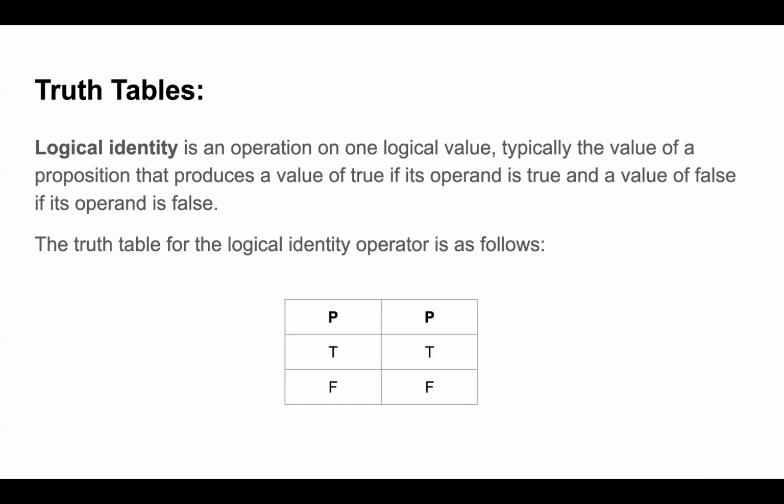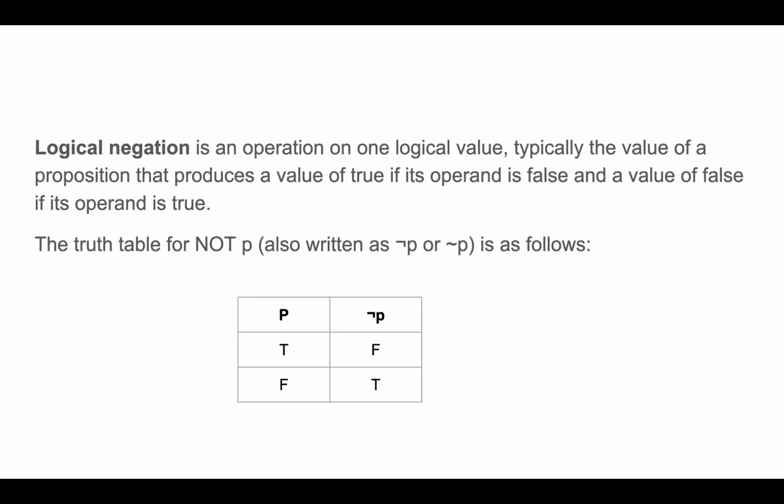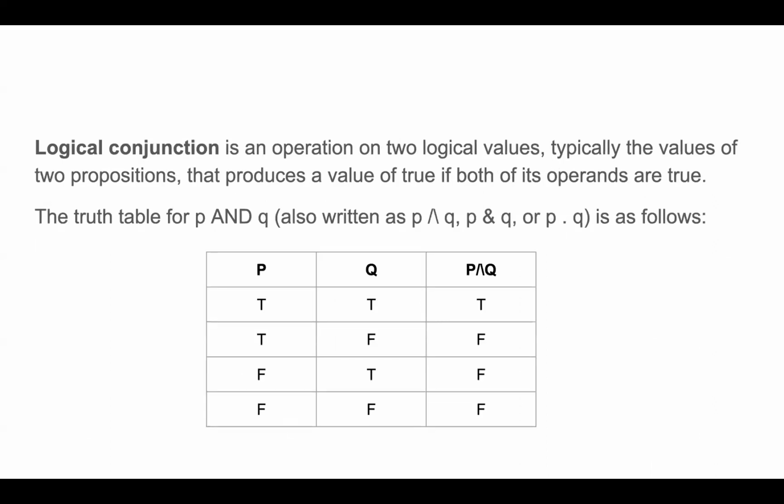Then we have seen truth tables for each. For logical identity: true, true, false, false. And in negation, if P is true, negation P is false. If P is false, negation P is true. Then we have seen the truth table for and, that is the logical conjunction operation. P and Q are the two propositions.